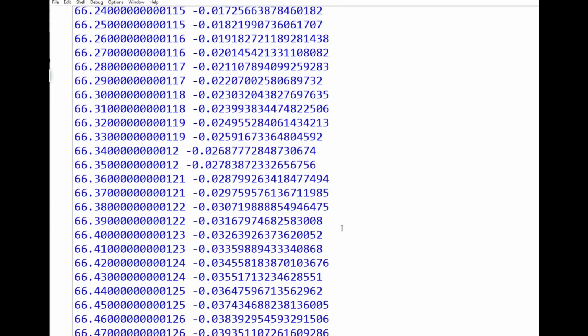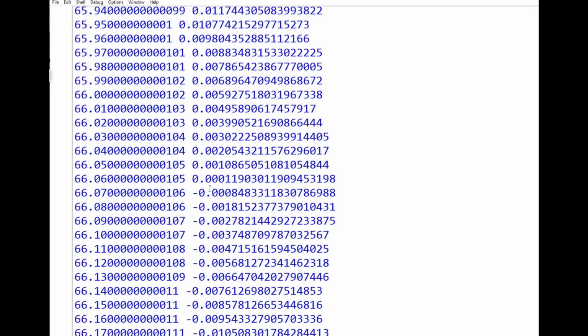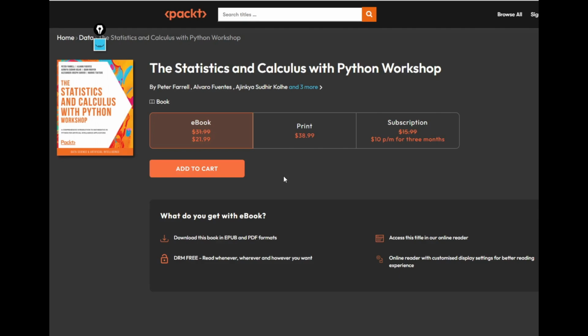Much better. See, it's going down. And now it's positive. Where was it? Pretty much at 0 at 66.06 degrees.